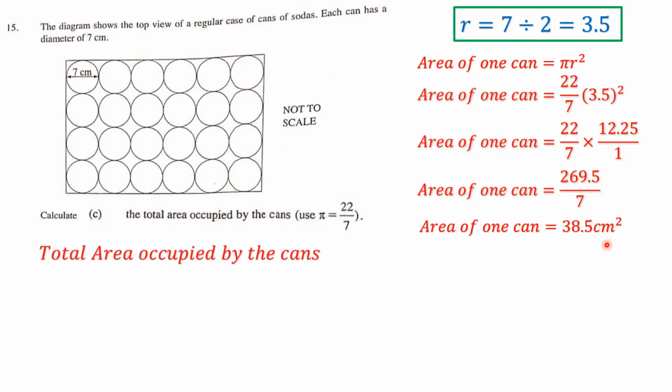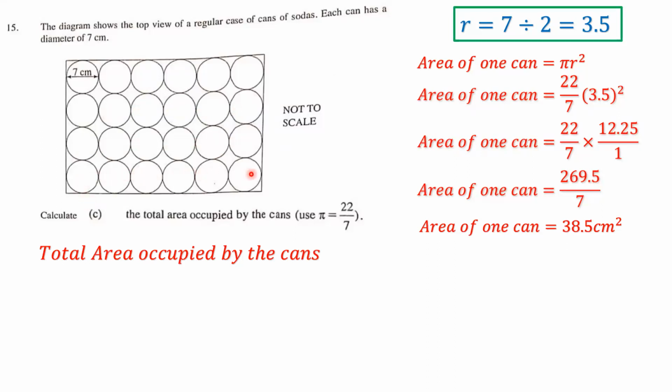Let's move on to the next part of the question. Now we need to figure out the total area occupied by the cans. How many cans do we have? Let's count: 1, 2, 3, up to 24.